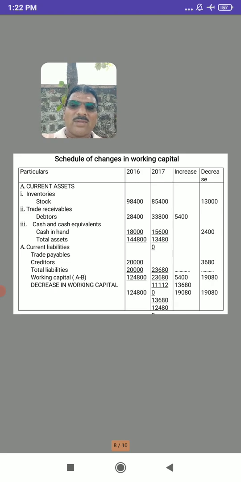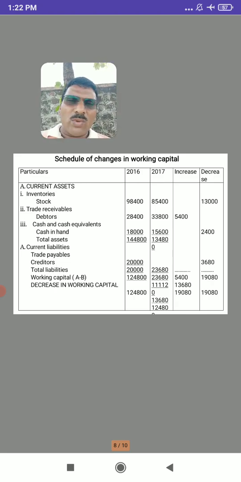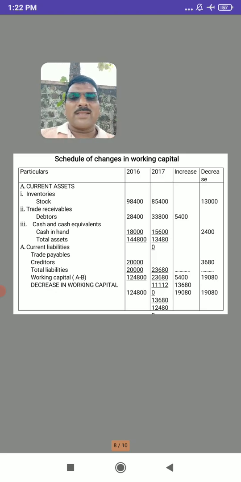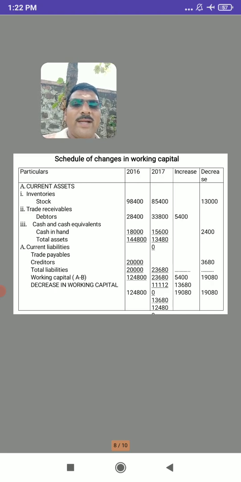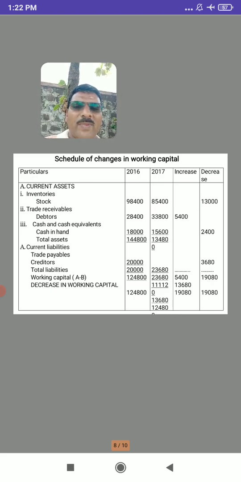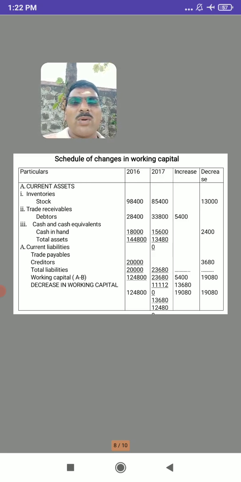So after this, now we have to calculate total liability. Current liability, we have considered only creditors. So the total of current liability is 20,000 and 23,680.